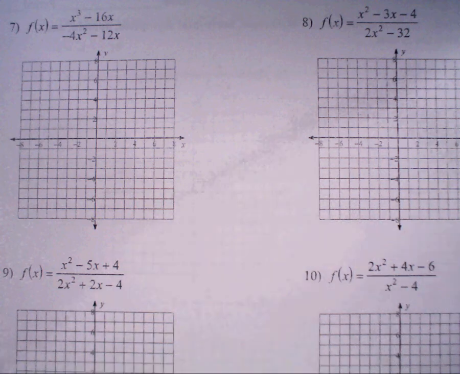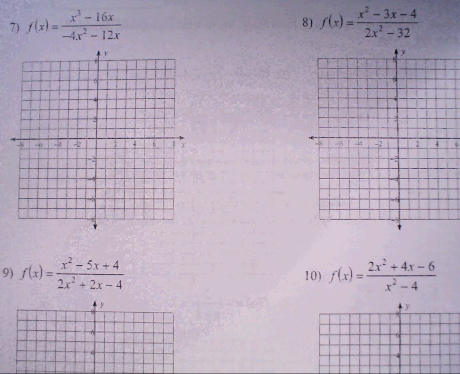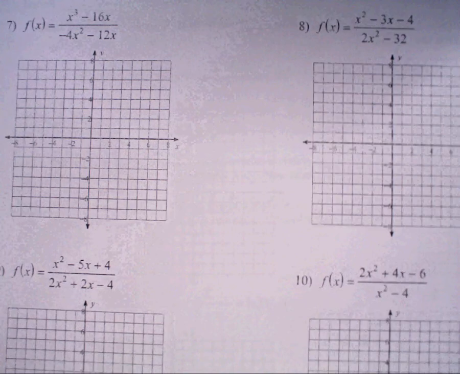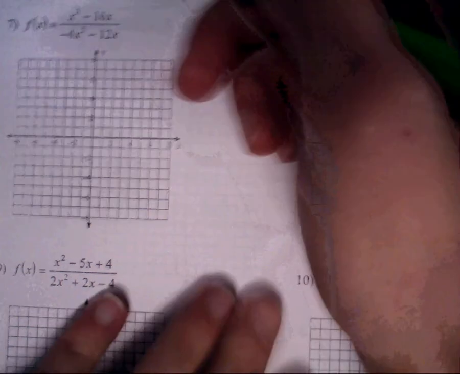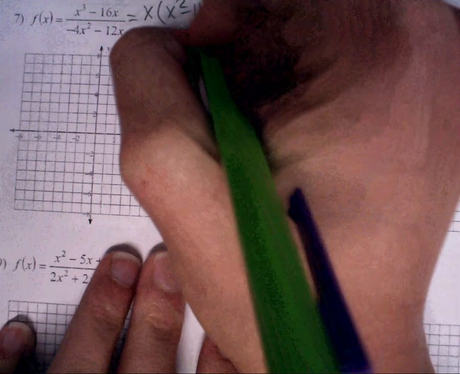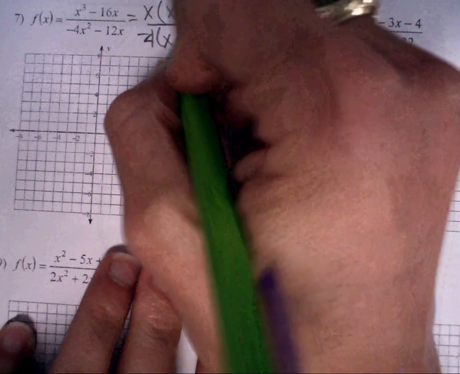We have x's in both the numerator and denominator. So we're going to do 2 of these back here. I'll just start with number 7. So first off, what I'm going to do is factor. May need more room than what the paper has.